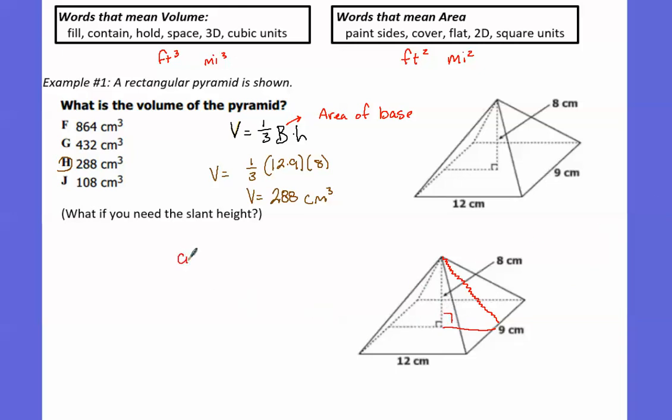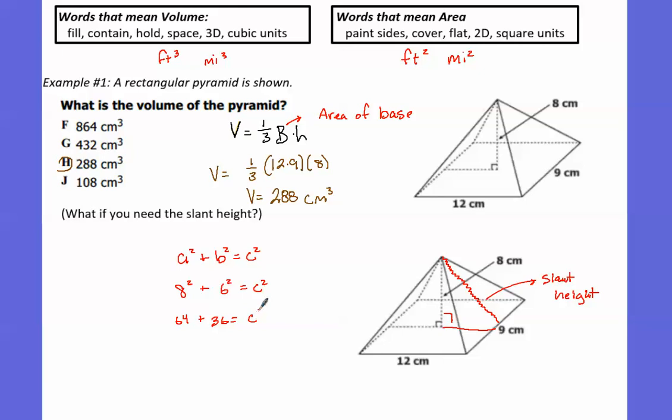Then you would use a squared plus b squared equals c squared. This is the Pythagorean theorem. The height would be 8 centimeters. This length here is going to be half of the front face, so that would be 6. 8 squared is 64, plus 6 squared is 36.